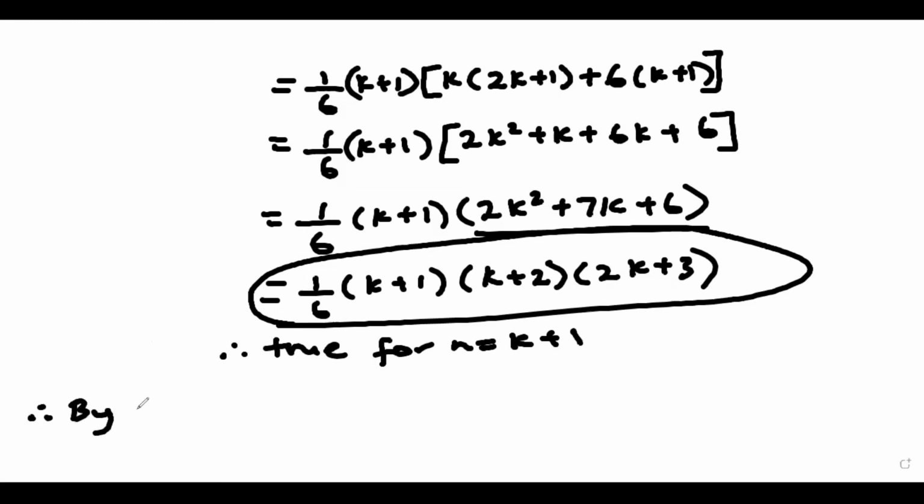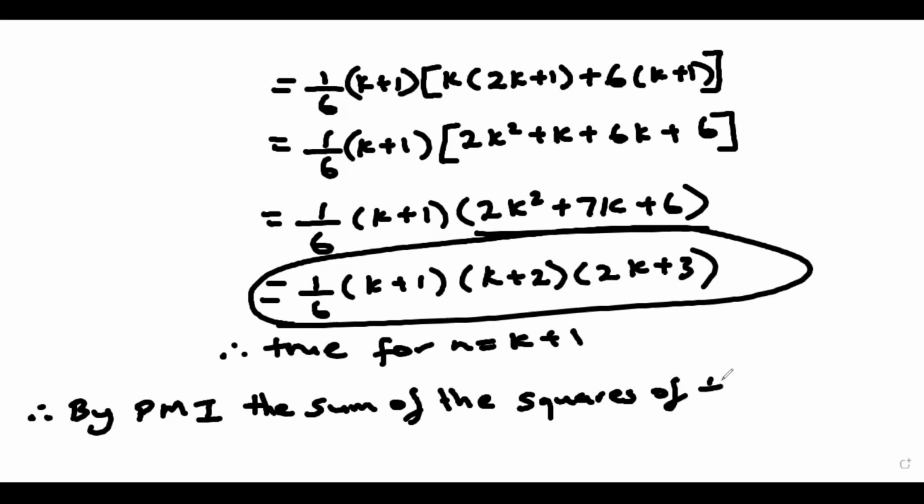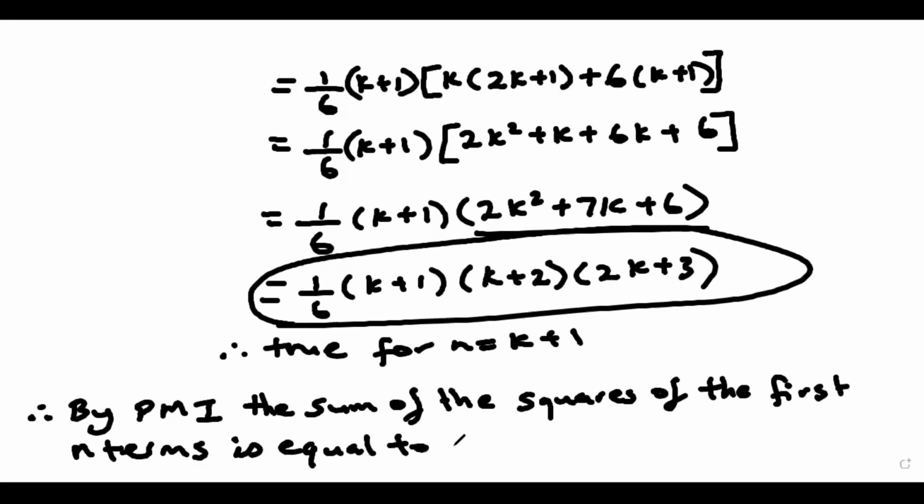Therefore, by PMI, the sum of the squares of the first n terms is equal to 1 over 6n, n plus 1, 2n plus 1. And that's your final answer.